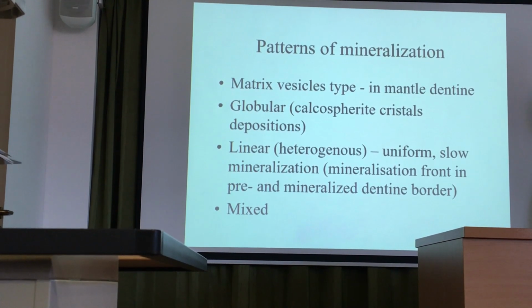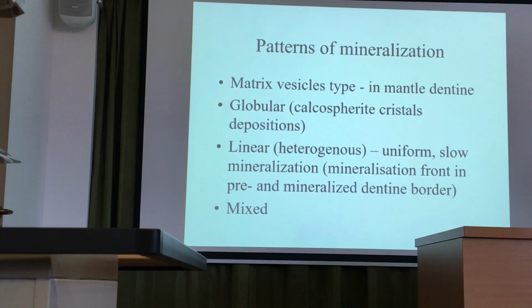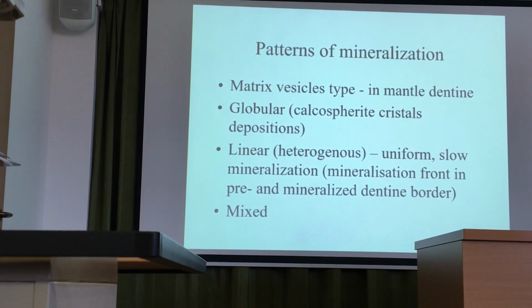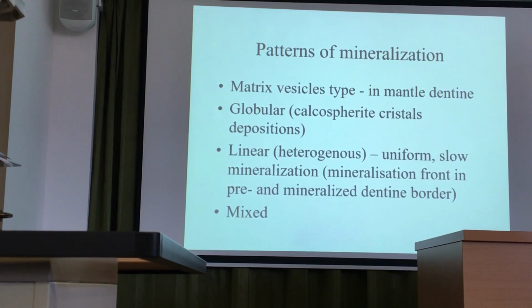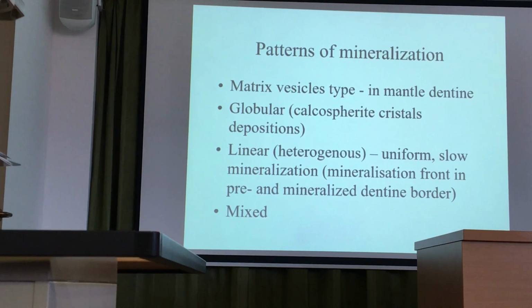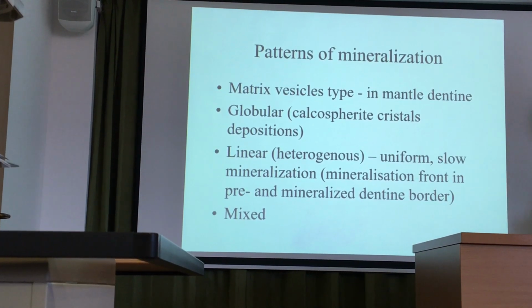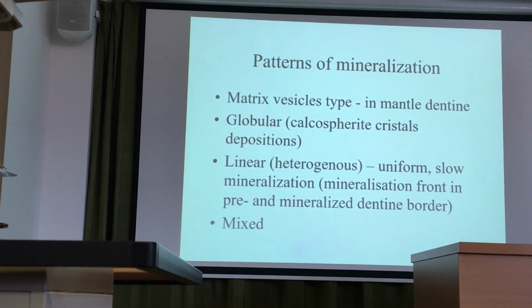And here we have a mineralization front. Below this mineralization front is the predentin, for example, and above the mineralization front there is the mineralized dentin, primary, secondary, or tertiary dentin. So this is the meaning of the heterogeneous or linear mineralization.